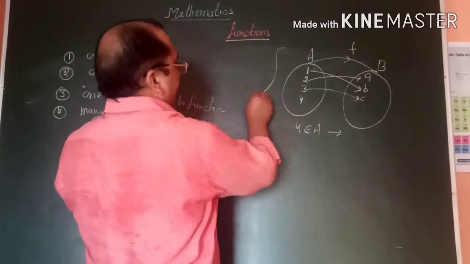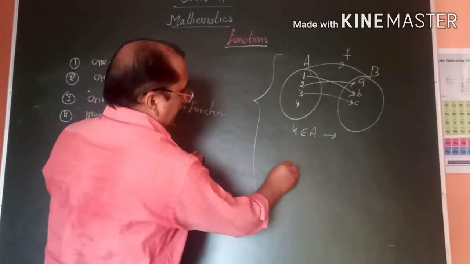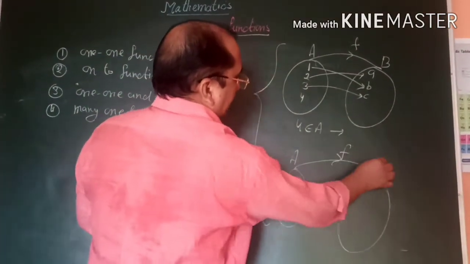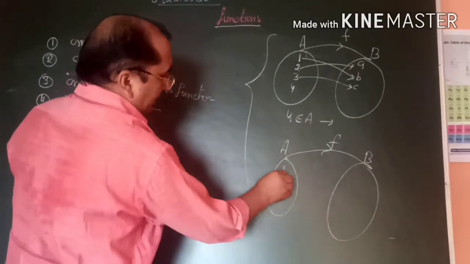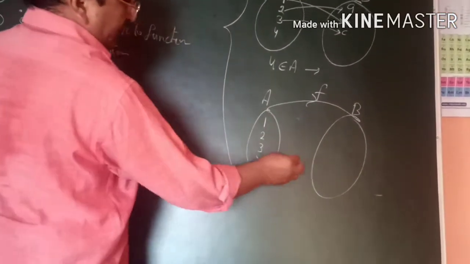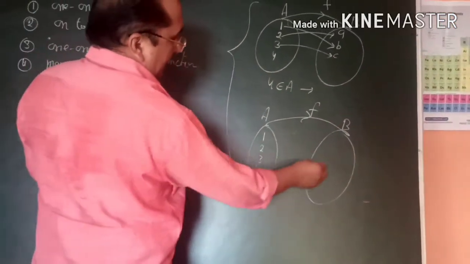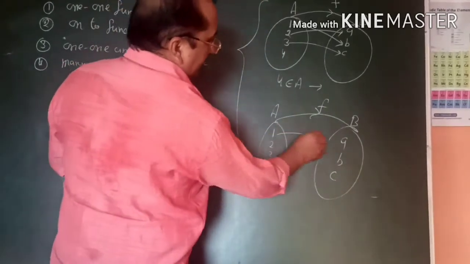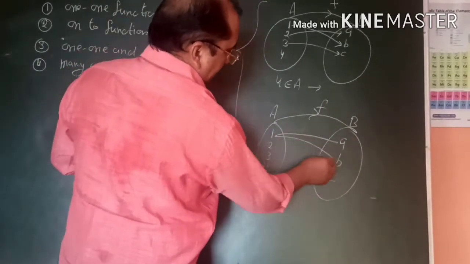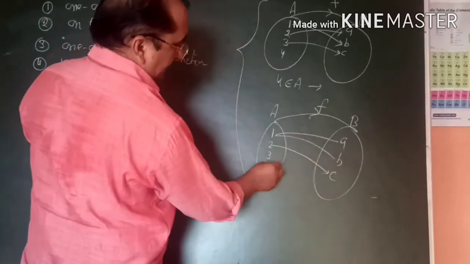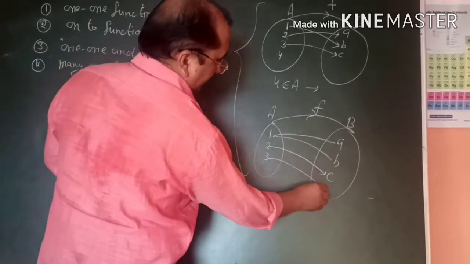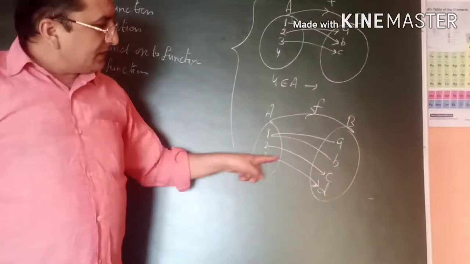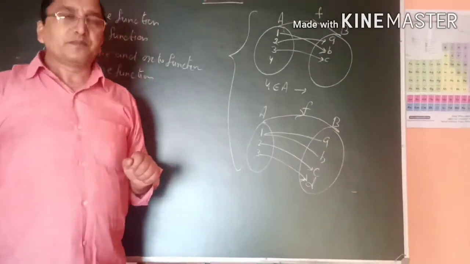Number 1. Number 2, this is B also. 1, 2, 3 is here, A, B, C, D is here.